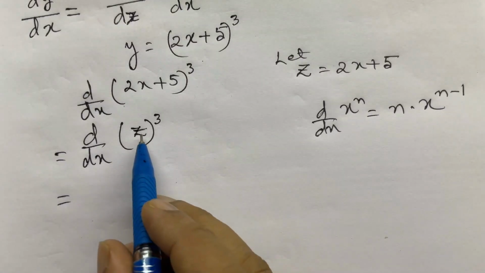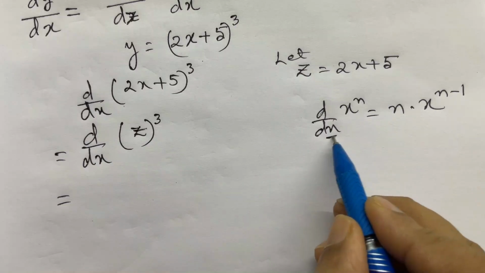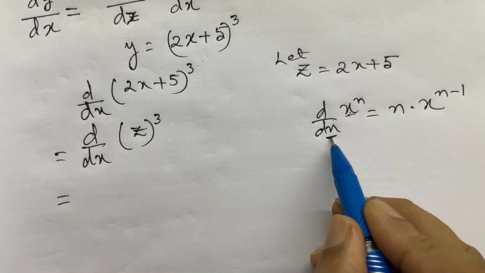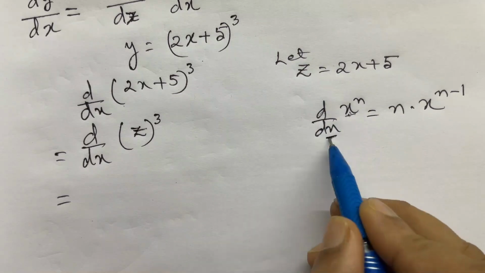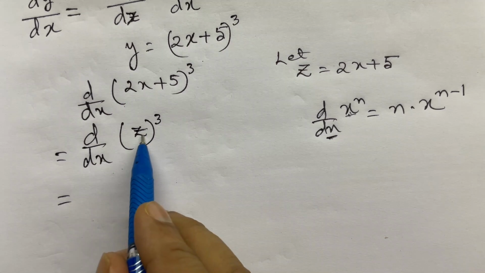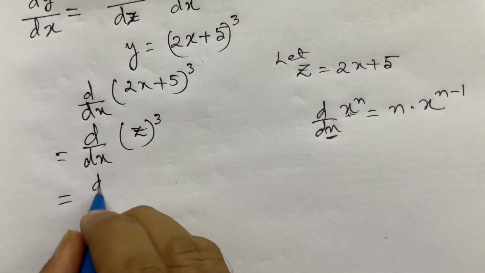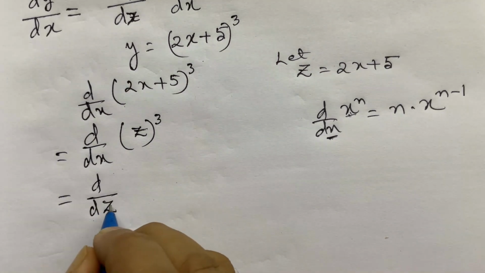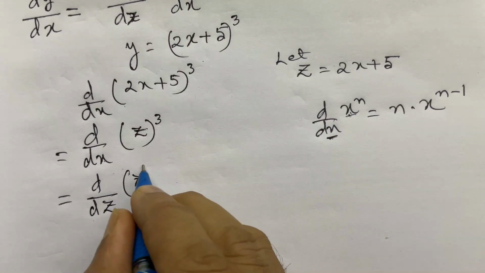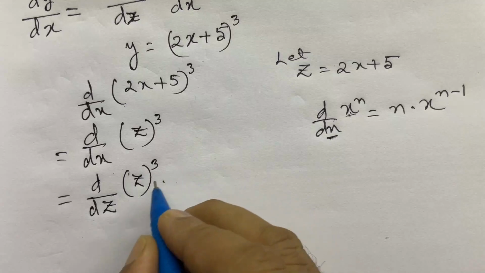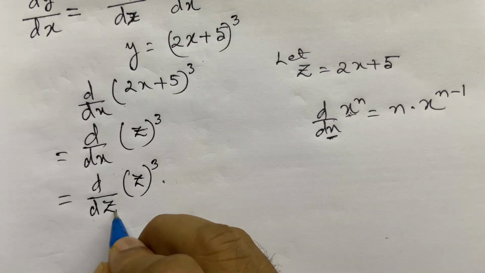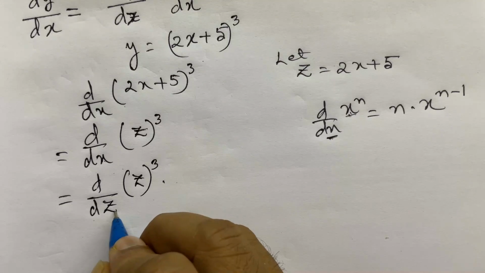When you apply that, the differentiation should be, see, the variable is x and differentiation is d/dx. Here again this is dx but this is z. So what we have to write here is d/dz, as the z cube function can be differentiated with respect to z only, correct?